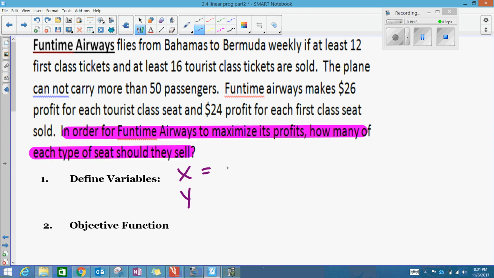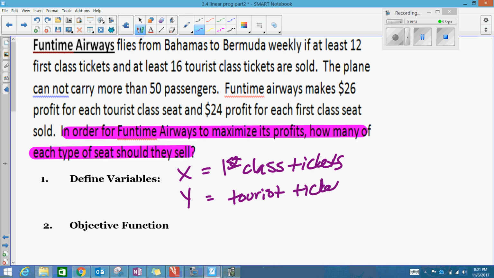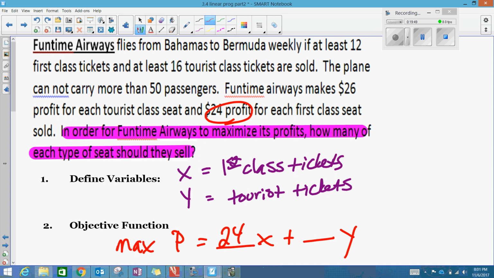We're going to have first class tickets and tourist class tickets, and we're trying to maximize profit. So our objective function is going to be all about the profit of these tickets. First class tickets make $24. Tourist class tickets make $26.